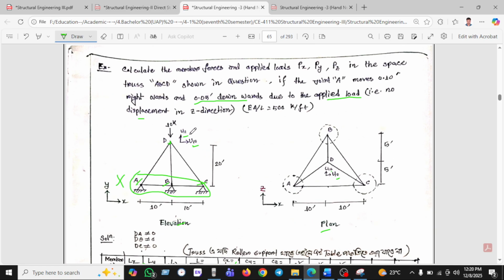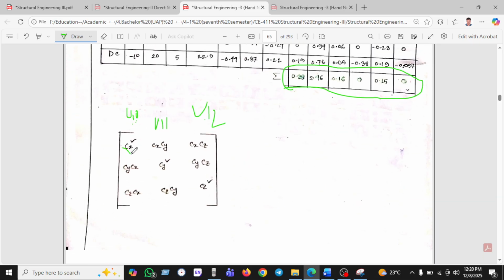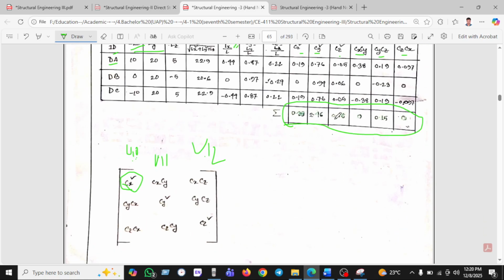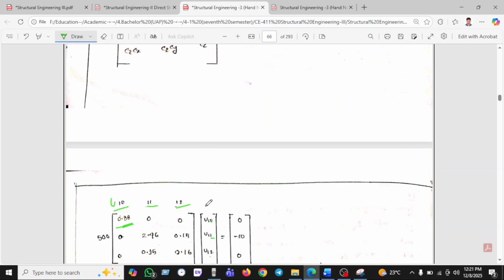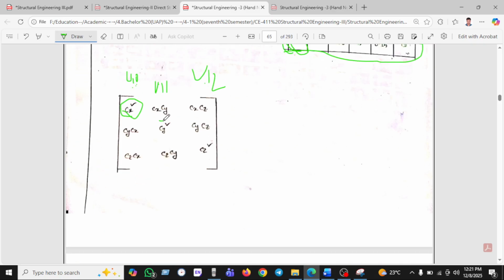This is 10, 11, and 12, which we see from the plan. So you can see U10, 12 and 11. So how do we get 0.30? 0.30 is nothing but Cx square. If we go to the Cx square, here is the Cx square, 0.38, sorry, 0.38 is the square. How do we get 2.46?